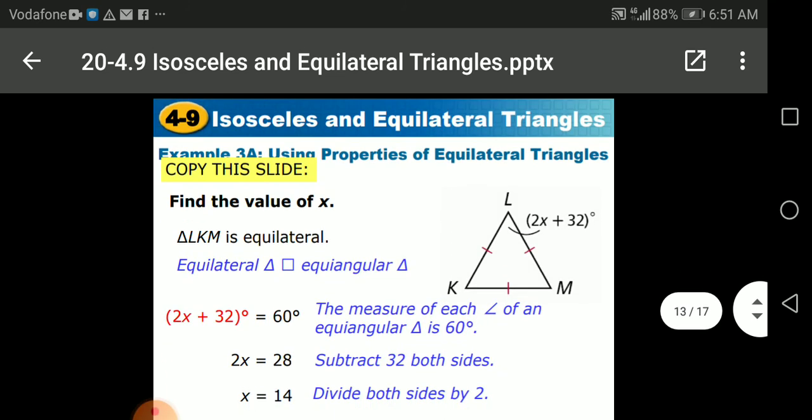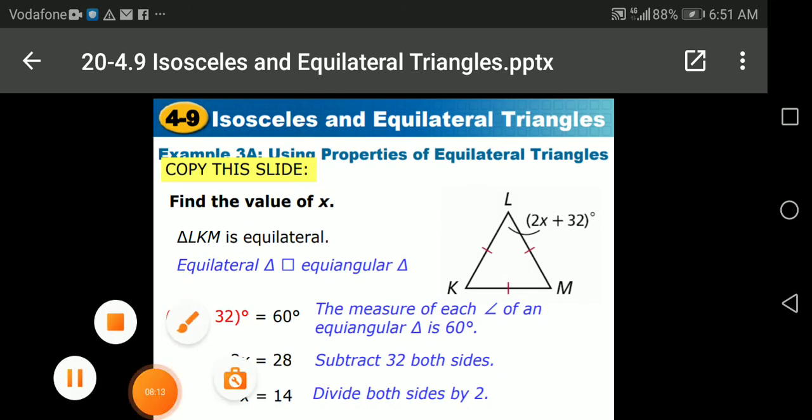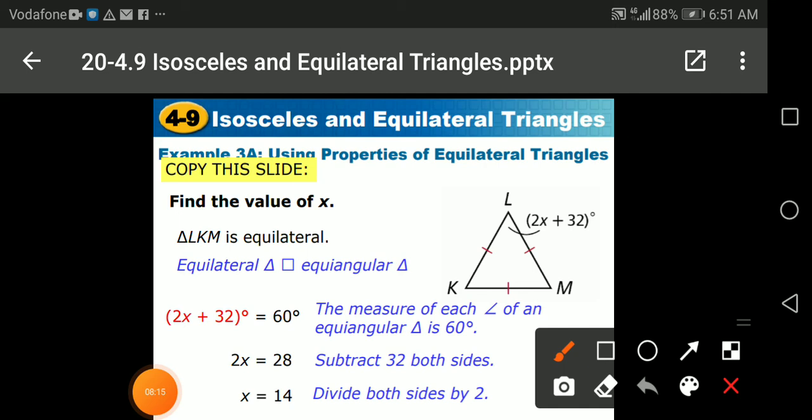Here, when we have an equilateral triangle, he asks me to find the value of x, and as you see in the triangle, the three sides are congruent. This means we have three angles that are congruent.